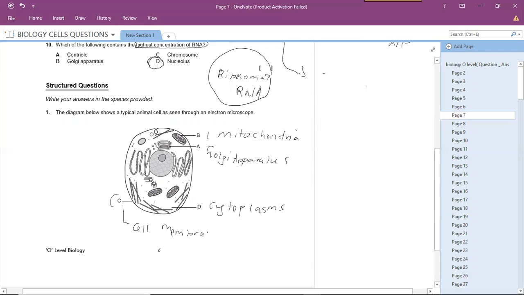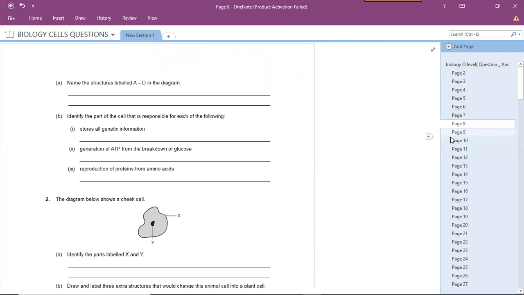So we've labeled all the cellular structures on this diagram. The question says name the structures labeled A to D.